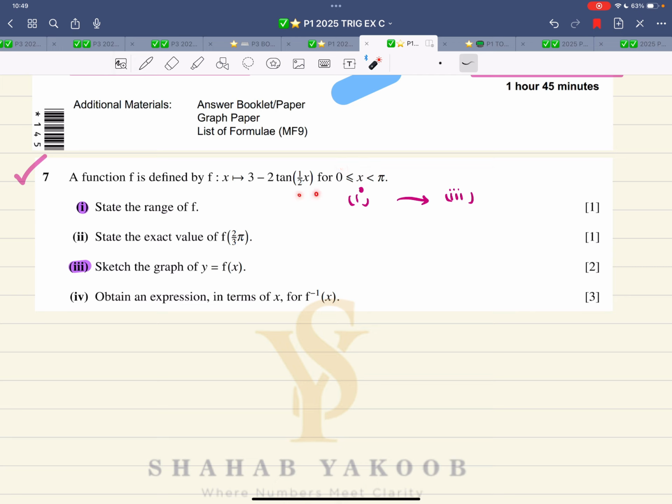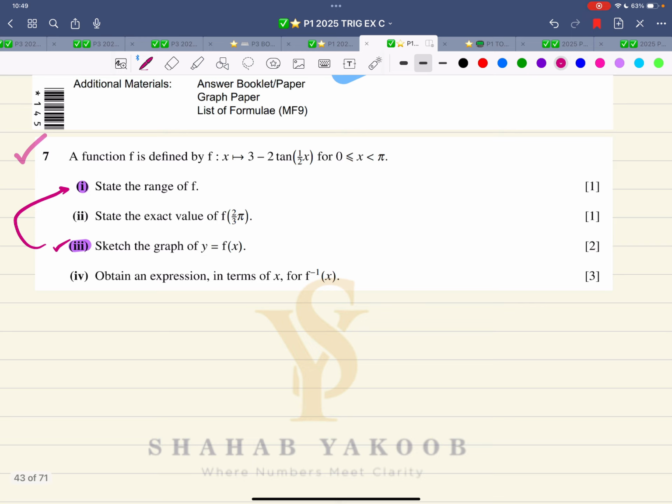So you can plug in some values and then work it out. Also you can see that this value is inclusive, this is not inclusive, this is exclusive. That means there is some asymptote over here. Now people find it easier to first work out part 3 in the case of tangent. First part 3 and then let's move to part 1. That is one thing that needs to be done.